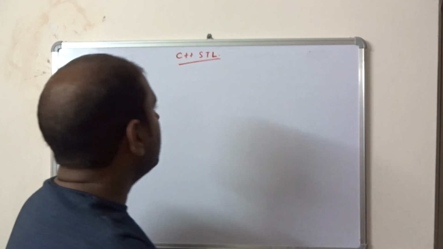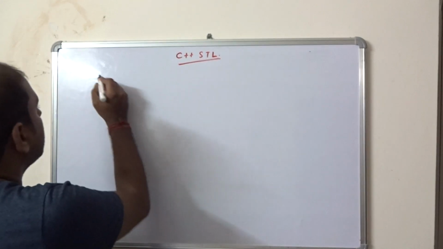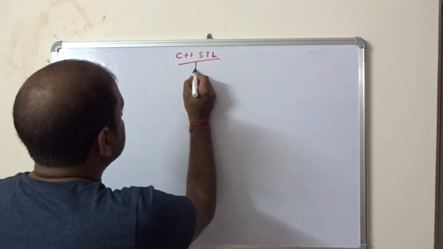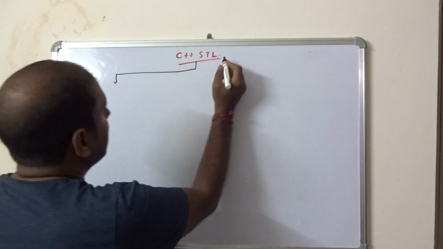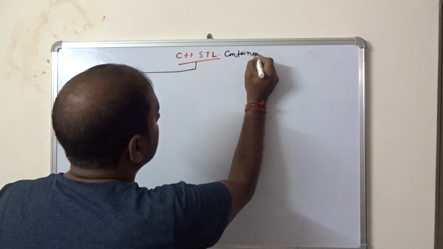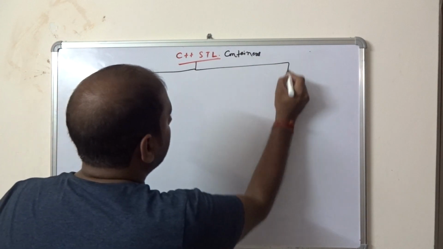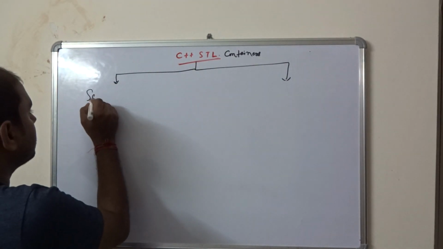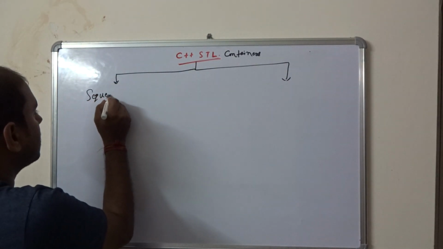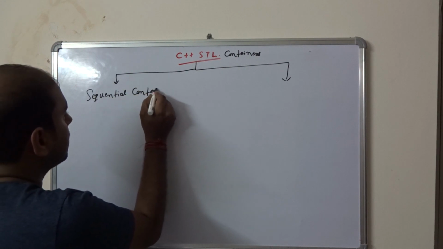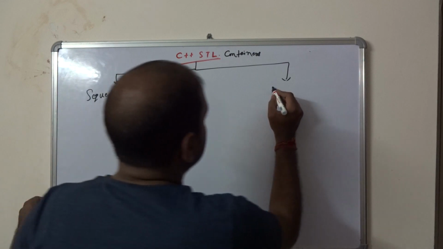Before going to the containers, we are going to see that all the STL containers are divided into two parts. The first one is the sequential container, and another one is the associative container.